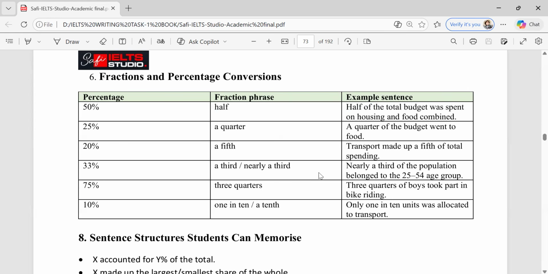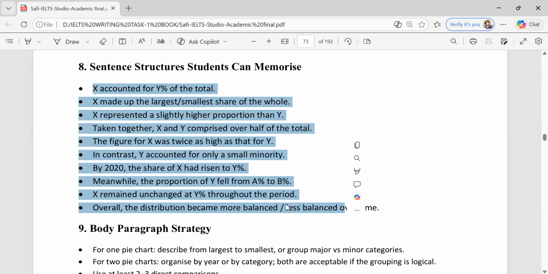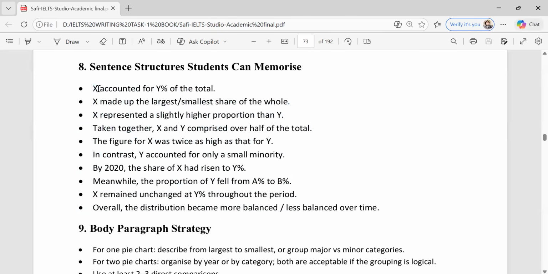So this is the fraction language, and the vocabulary, as I told you earlier, this is the vocabulary part that you need to learn, because we will use "accounted for". For example, if I say rent accounted for 50%, but in fact we don't use this language for line graph and bar chart. In a line graph, we say increase, decrease, declined.